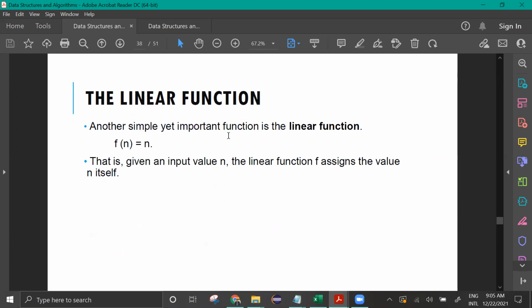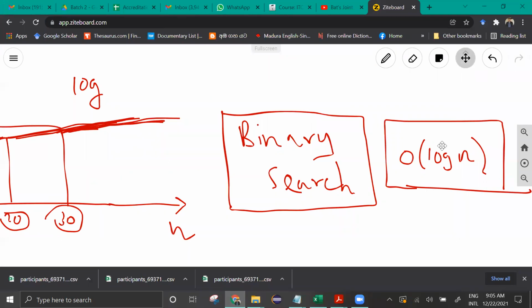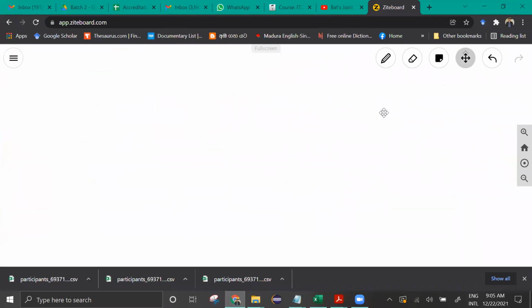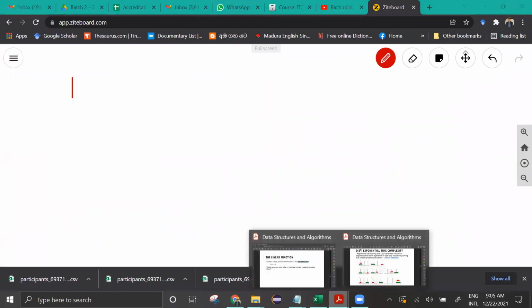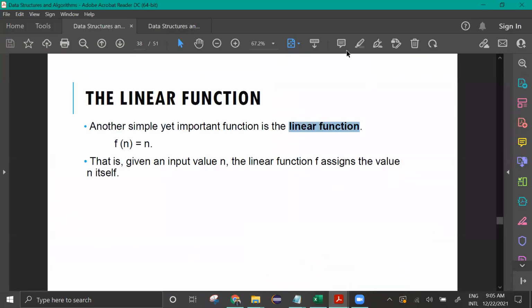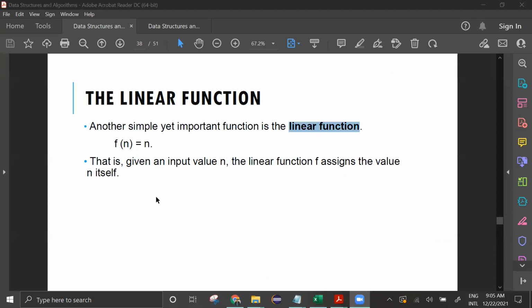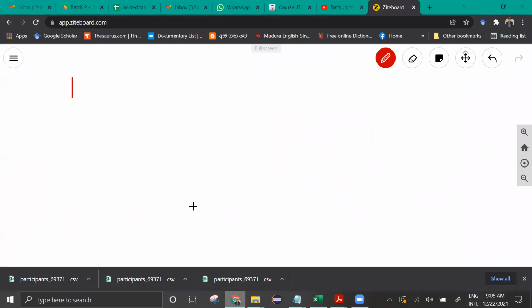So the next one is the linear function. Don't get confused with the linear.